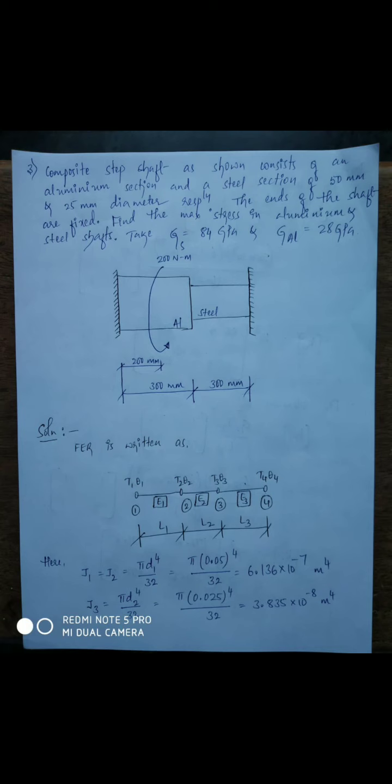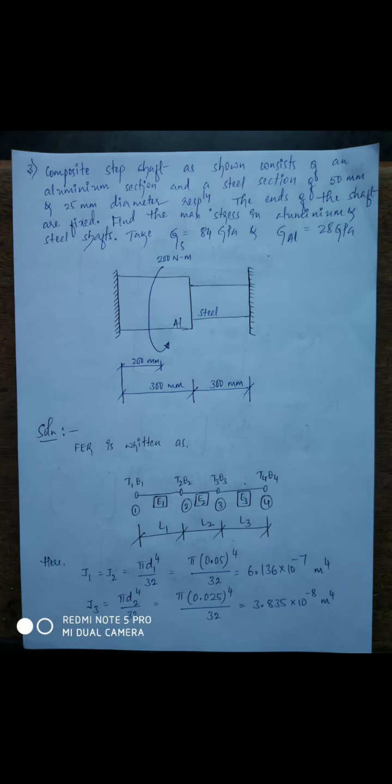As per this sentence, at a distance of 200 mm from the left end, in the first step or in the first element, an anti-clockwise torque of 200 Newton meter is acting. Thus, at a distance of 200 mm, you students have to create a node.